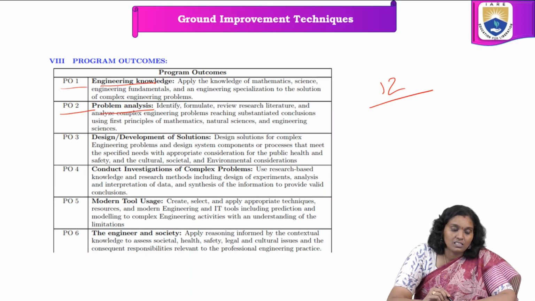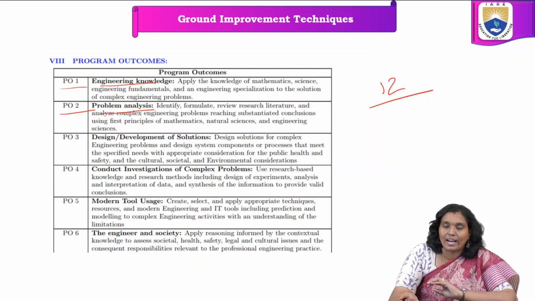So as per this, PO1 is nothing but where we apply the knowledge of mathematics, science and engineering fundamentals and an engineering specialization to the solution of complex engineering problems. Coming to problem analysis, we are going to identify, formulate, review research literature and analyze complex engineering problems, reaching substantiated conclusions using first principles of mathematics, natural sciences and engineering sciences.